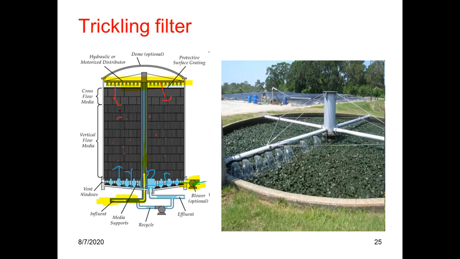Then microorganisms and wastewater contact each other, and they do the aerobic biological oxidation. Then from here, the treated water is going out. If we want, we can recycle the treated water again with the influent.